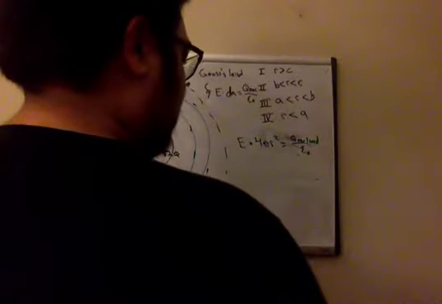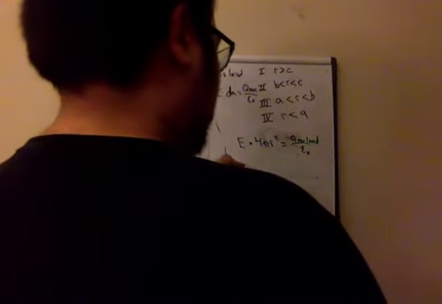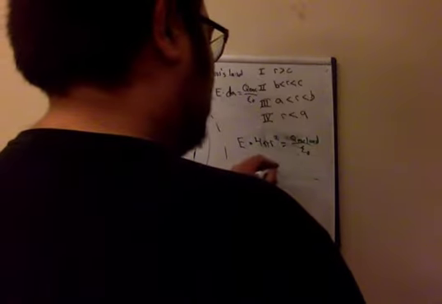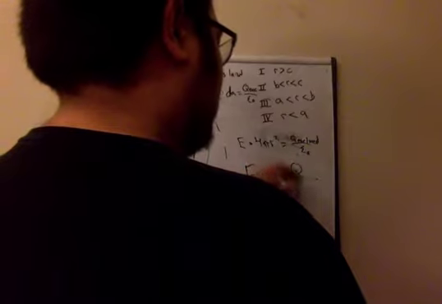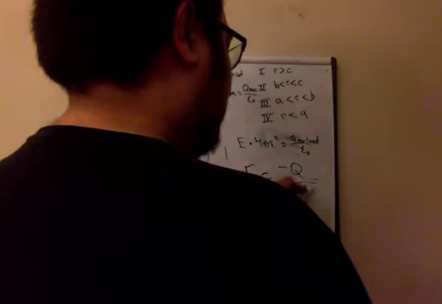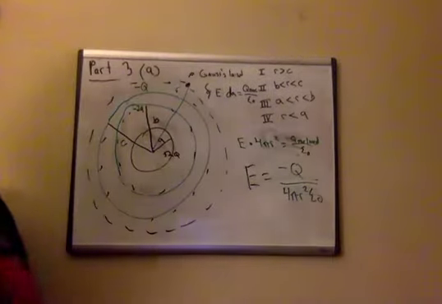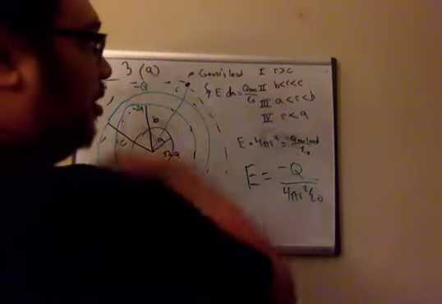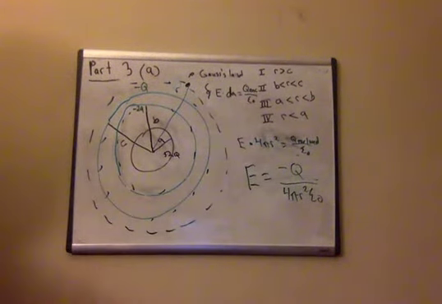Maybe I should write it larger. E is equal to -q over 4 pi r squared epsilon naught. So that's for part 1, when the radius is larger than c.